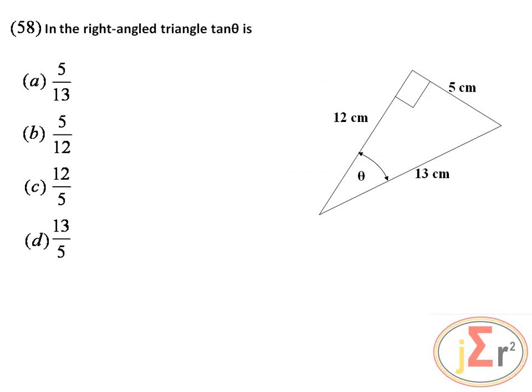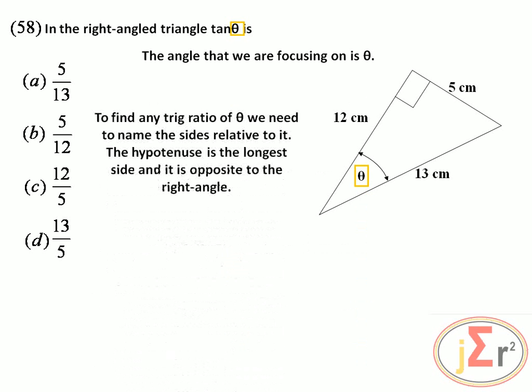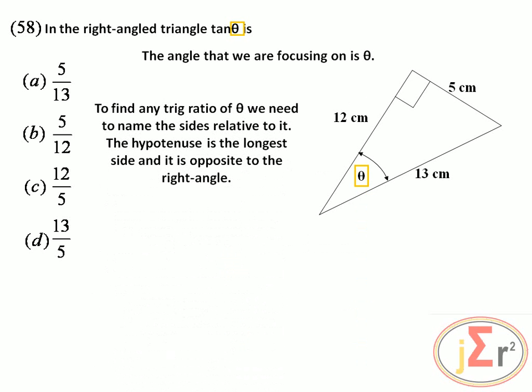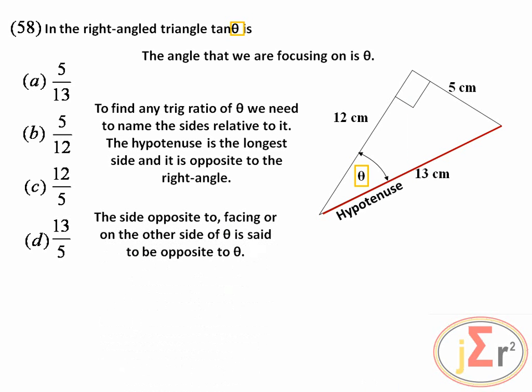In the right angle triangle, what is the value of tan theta? The angle that we are focusing on is theta. To find any trig ratio of theta, we need to name the sides relative to it. The hypotenuse is the longest side and is opposite to the right angle. Irrespective of where theta is, the hypotenuse is the same. The side opposite to it, facing or on the other side of theta, is said to be opposite.